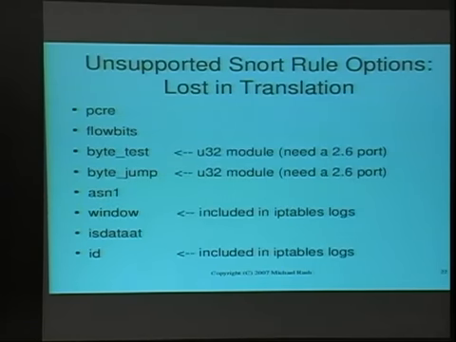Okay, so any discussion of this is not going to be complete without what are the cons? What can we not emulate to any degree really within IP tables? Well, first and foremost, a lot of signatures these days are using PCREs. There is no Perl PCRE engine within the kernel.